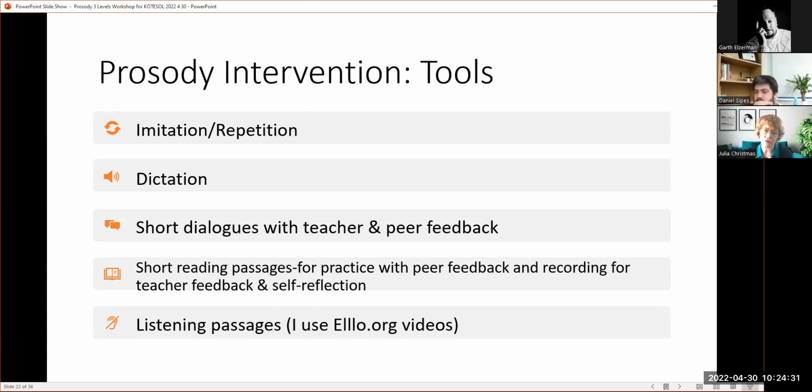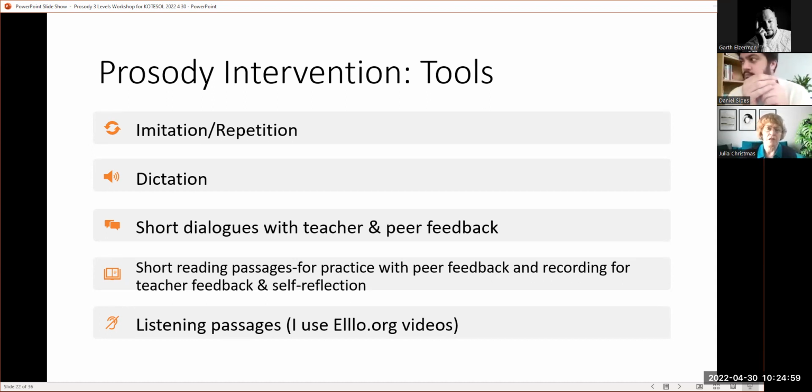They can give each other peer feedback quite quickly once they understand the concepts and have had enough input and practice with it. I use short reading passages for practice with peer feedback. And I also do a lot of recordings for self and teacher feedback.